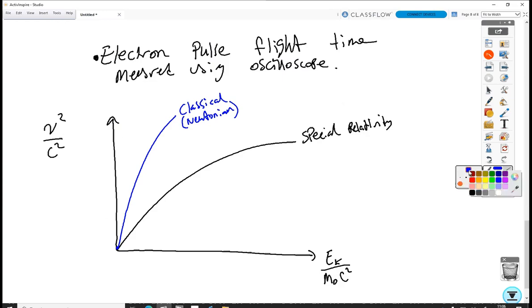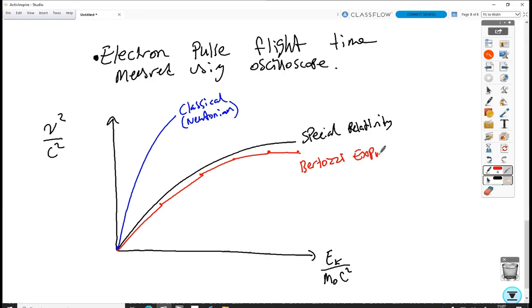And then the actual experimental results gave us data that looked like this. So the results from the experiment were in agreement with special relativity.